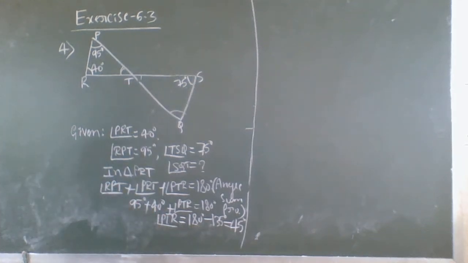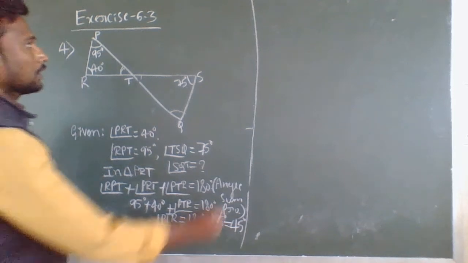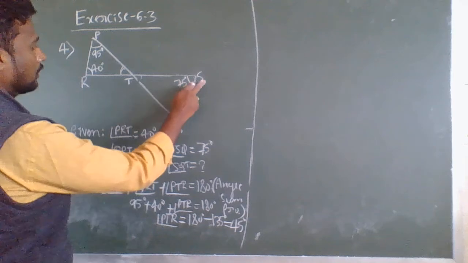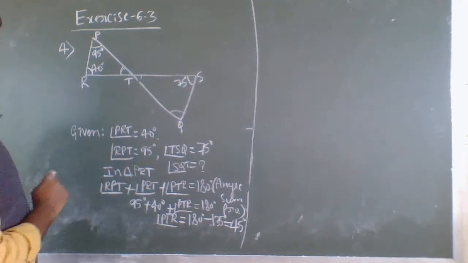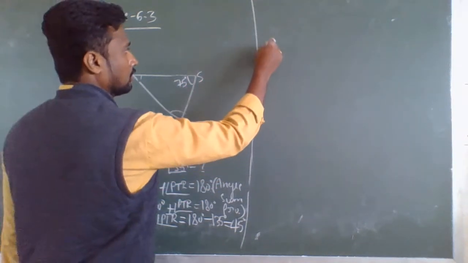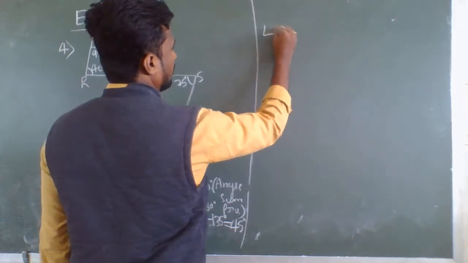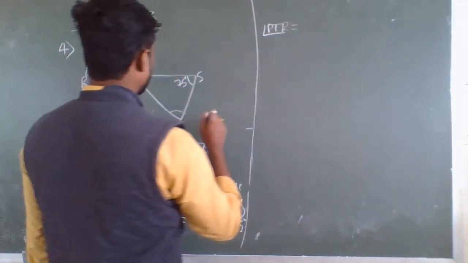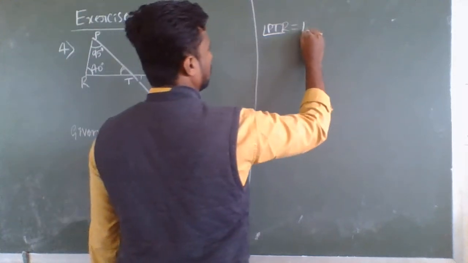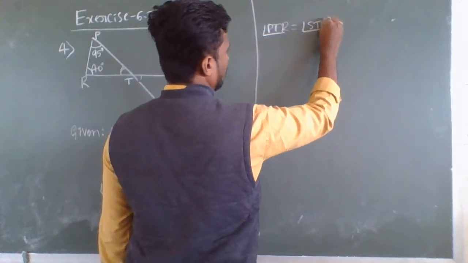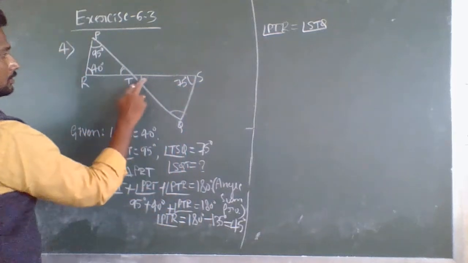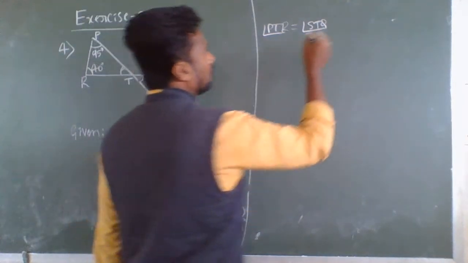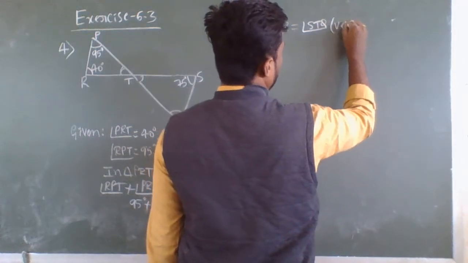Now I can write, if angle PTR is 45 degree, angle STQ is equal to 45 degree. Angle PTR is equal to angle STQ, meaning this angle, because these are vertically opposite angles.